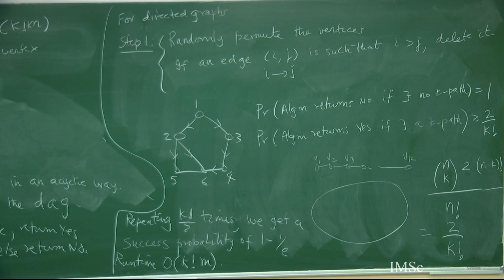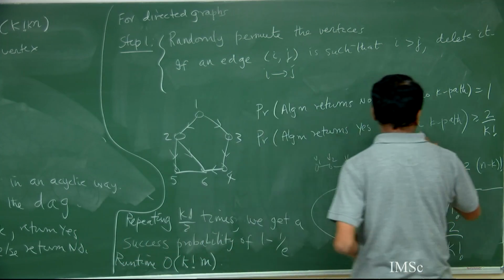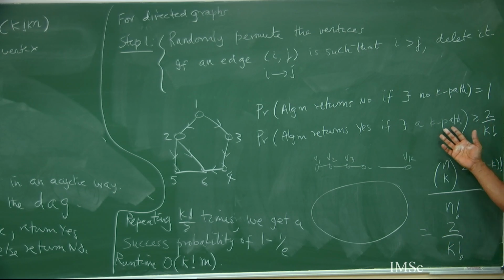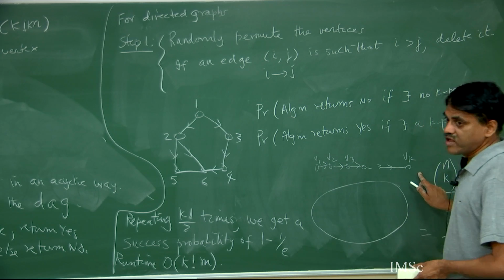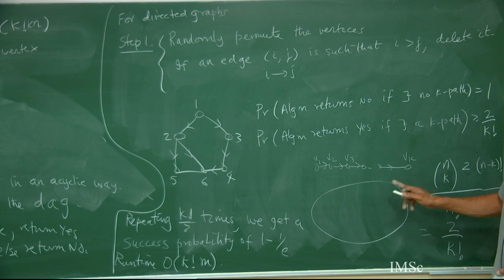So now I am back to the same thing. In this directed acyclic subgraph of the graph, I will find the longest path, and if that is of length at least k, I will say yes. Now, more or less everything goes through. What is the probability that the algorithm returns yes if there exists a k path? Same argument: if there is a directed k path in the graph, then the probability that it survives and doesn't get deleted is exactly that.